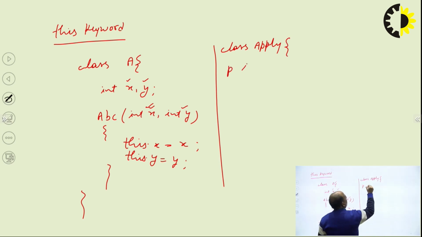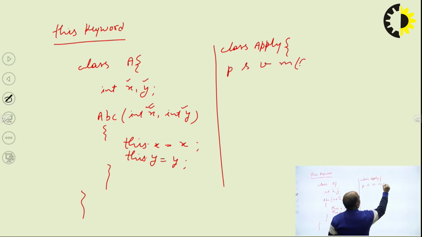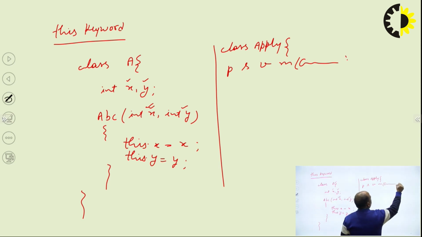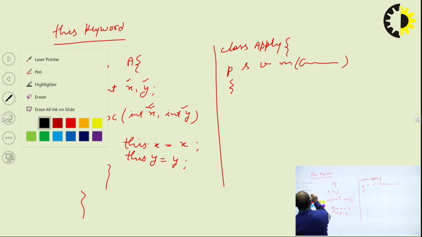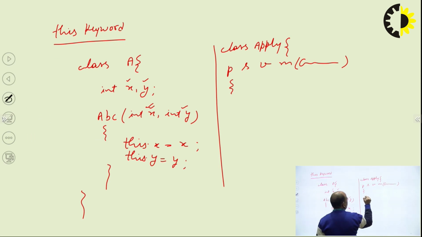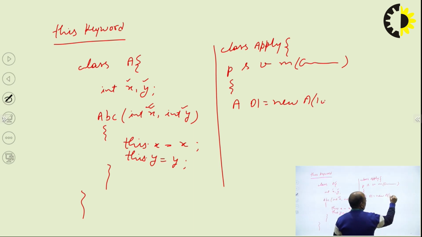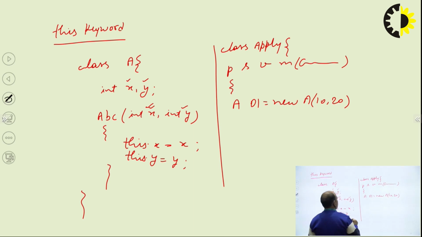So whenever we create an object of this class, let's say I have created a class Apply that contains public static void main, String args. In this function I have created objects. Let's say O1 equals new A(10, 20).